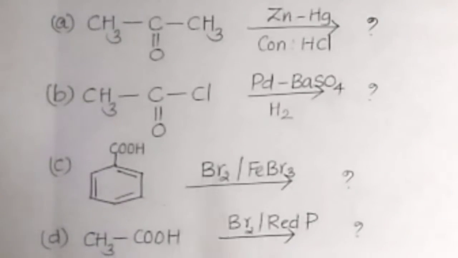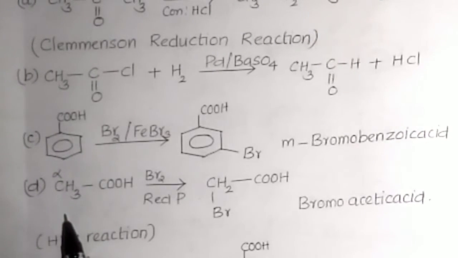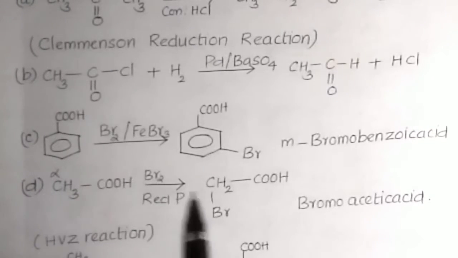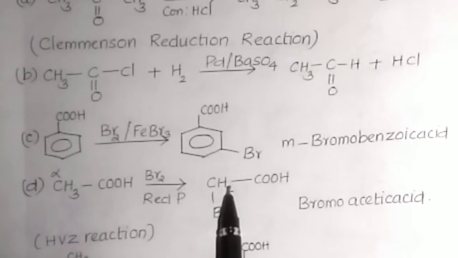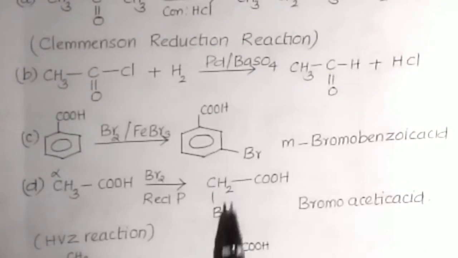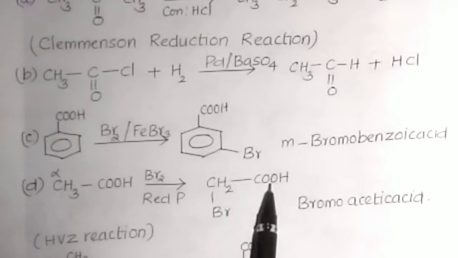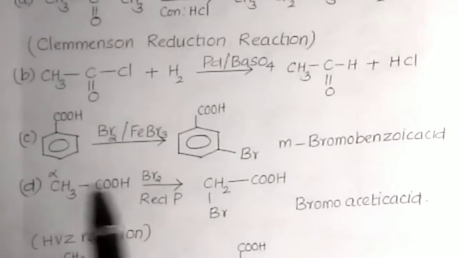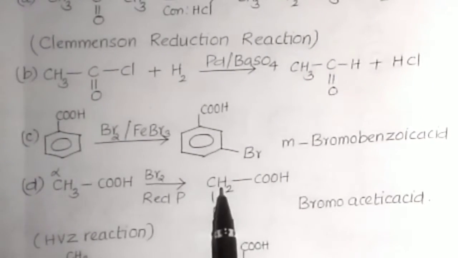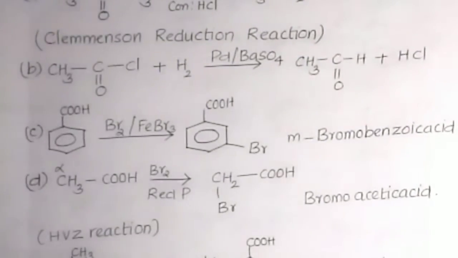From the CH3, one hydrogen is removed, then it becomes CH2, and one bromine is added, giving BrCH2COOH. That is bromoacetic acid. This is acetic acid, then one hydrogen is replaced by a bromine atom, known as bromoacetic acid.